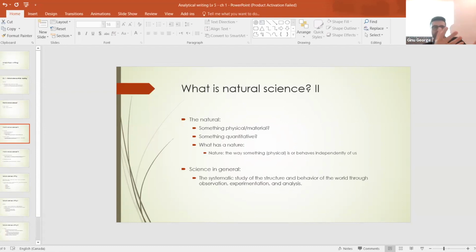So there are these things that are natural, and we have science of them. What is it to have science of them? What do we do when we have science of them? And how is that different from opinions of them, right? I have an opinion about the tree.